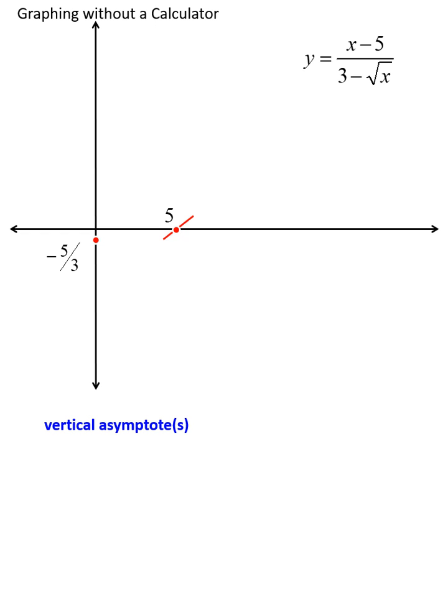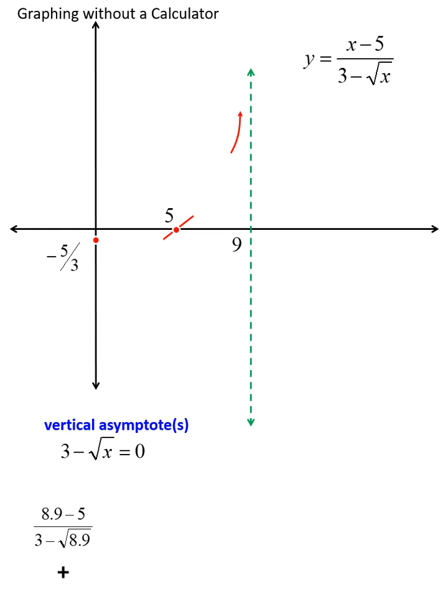Moving on to vertical asymptotes. Vertical asymptotes occur when denominators are 0. Clearly 9 is a solution to this problem, and therefore we have a vertical asymptote at 9. And so in my normal tradition, I'm going to plug in a number slightly to the left of that and slightly to the right of that to give me the direction that the graph is approaching the asymptote.